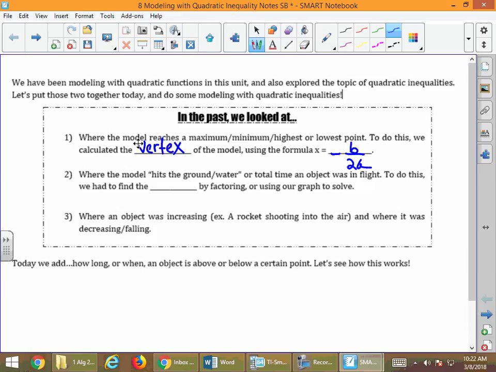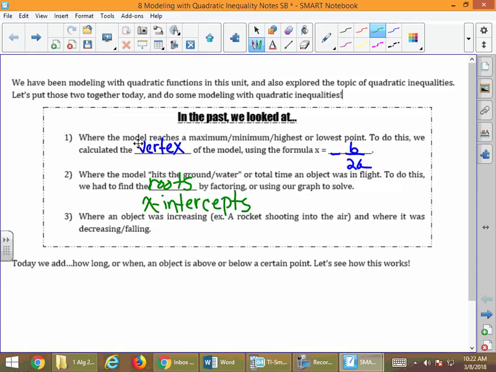Where the model hits the ground, or hits the water, or the total time an object was in flight, we have to find the roots, which you may be more familiar with as x-intercepts. We do that by factoring, and we can also sometimes use our graph to help us solve.